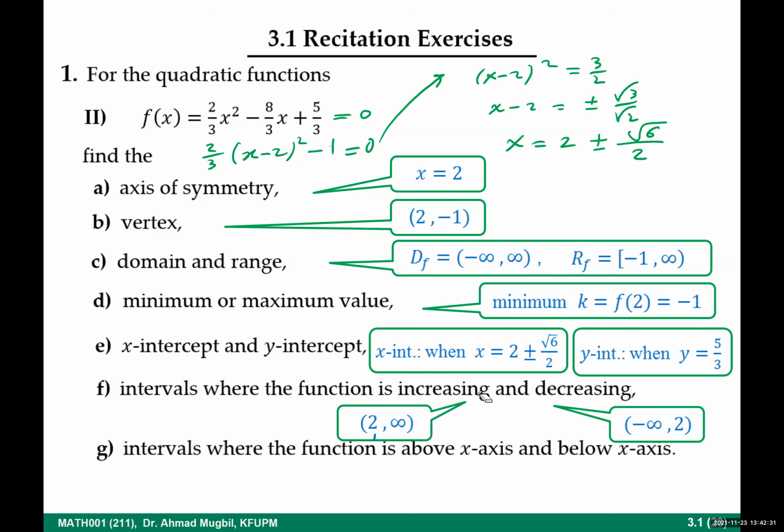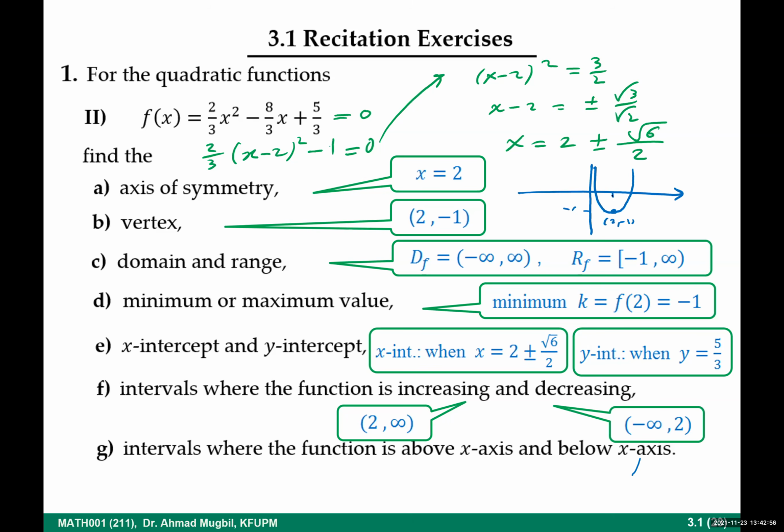Above and below the x-axis. Where is it above, where is it below? You need to roughly sketch the graph to make sure about it. What was the vertex? 2 and -1. Here we are, and it opens up. So something like this. Let's say this is 2 and -1.